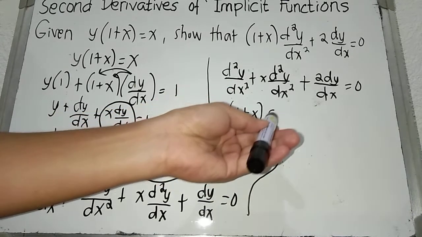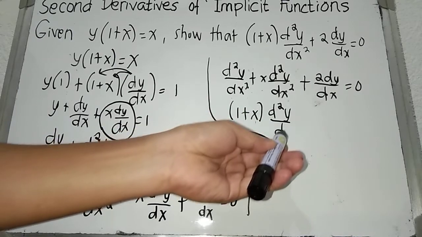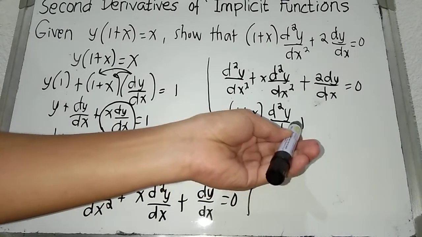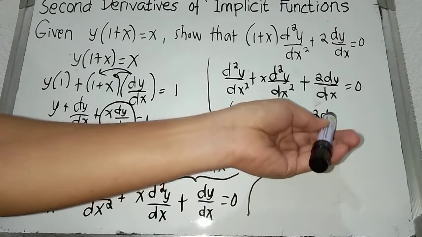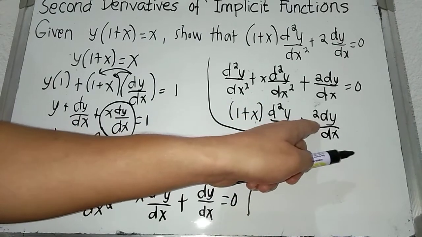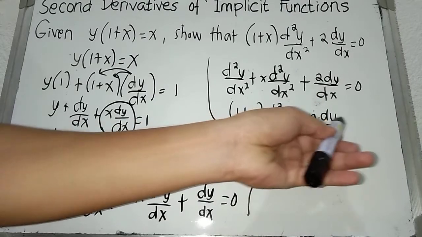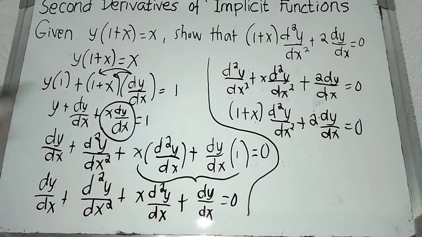So this is now the second derivative of y with respect to x plus copying the second term, the derivative of y with respect to x, is now equal to 0.